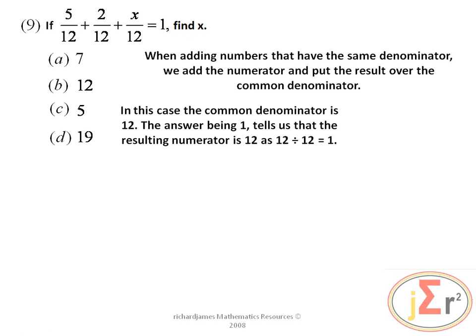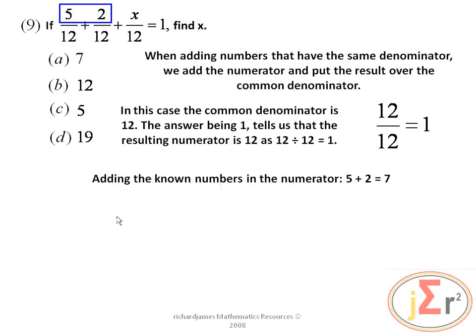Because the denominator is 12 and the answer is 1, then the numerator is also equal to 12. Therefore, when we add all of these, we are required to get 12 over 12, because, as a matter of fact, 1 is equal to 12 divided by 12.